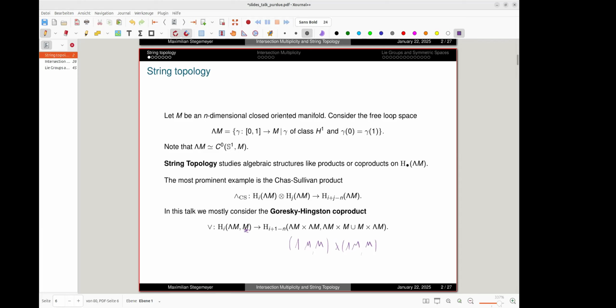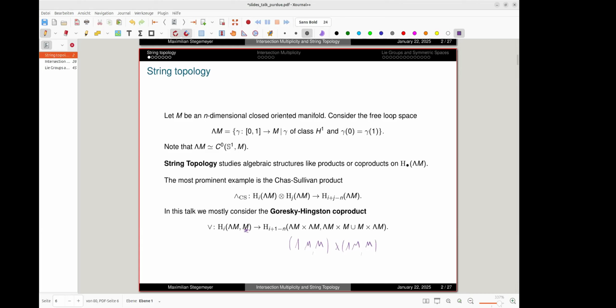I don't have an outline, but you can see it on the top line. I will talk about intersection multiplicity, and in the end in particular about the case of Lie groups, where I use a very geometric approach, geodesic curves in manifolds. So I will also give a quick overview of this topic.